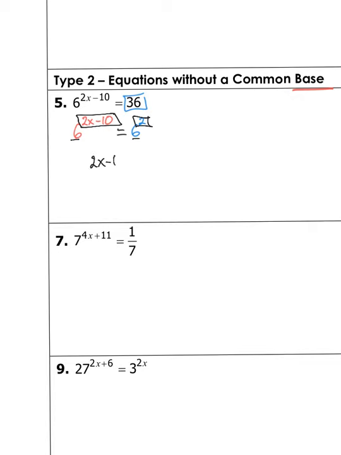So I know that 2x minus 10 equals 2, and now I just solve this like I would a problem back in algebra.